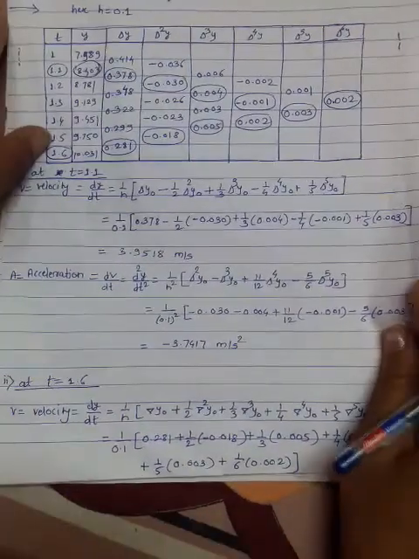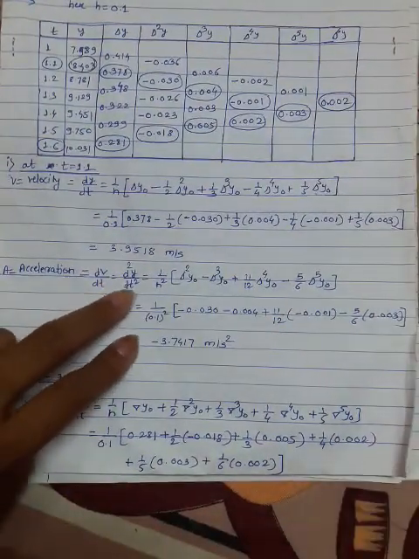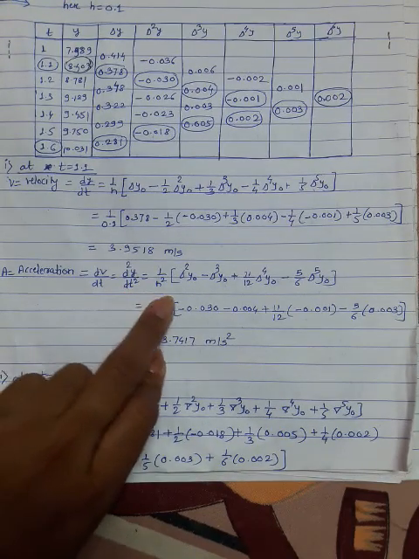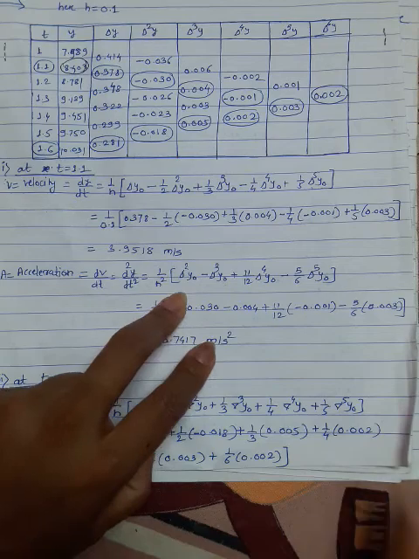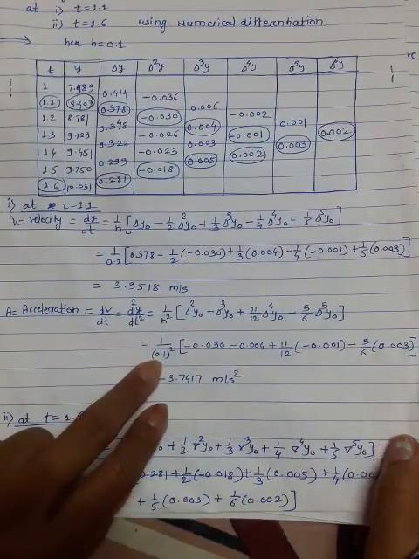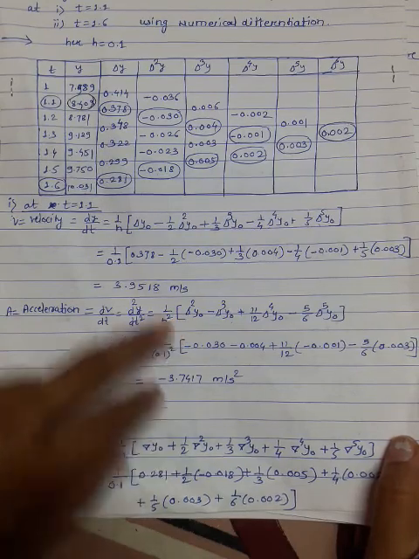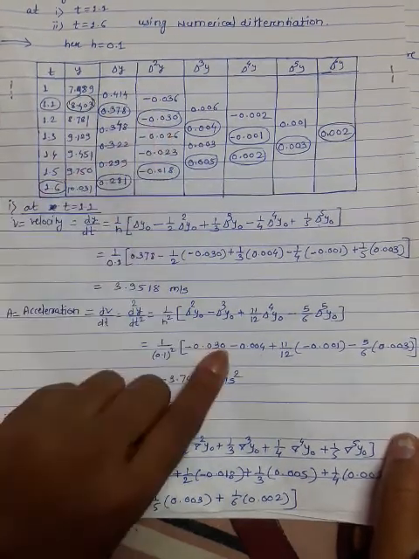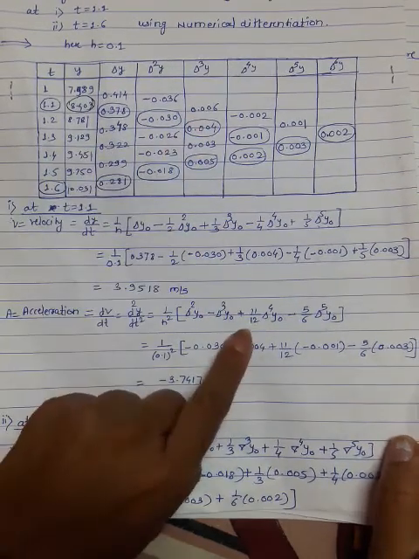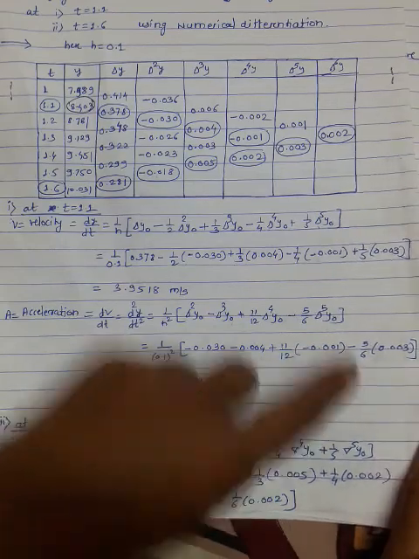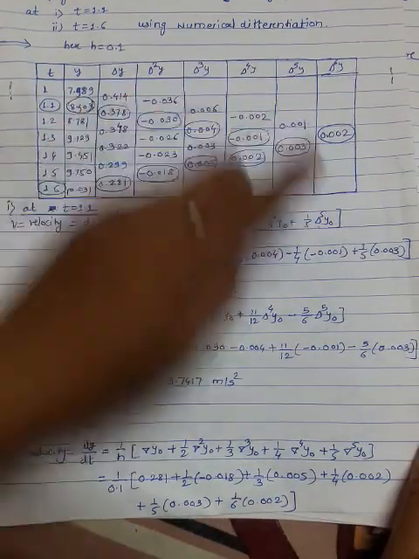Okay, now acceleration is nothing but dv by dt, that is the second derivative of y with respect to t, and the second derivative formula is this. You have to mug up all these formulas. Now put the values. 1 by h square is 1 by 0.1 square. Del square y naught is the circled number in the del square column, minus del cube is this number, plus 11 by 12 del raised to 4 is this number, minus 5 by 6 del raised to 5 is only this number.